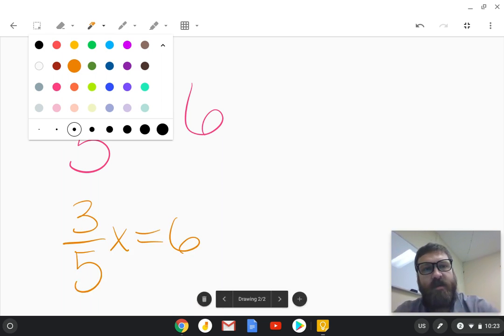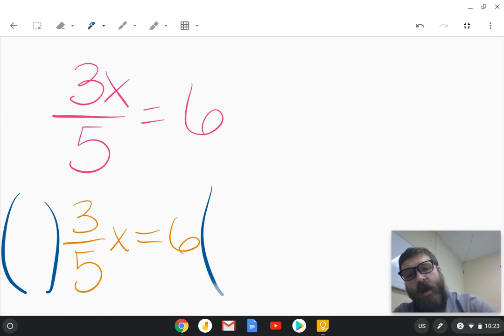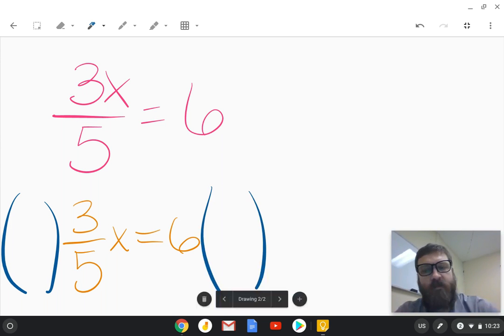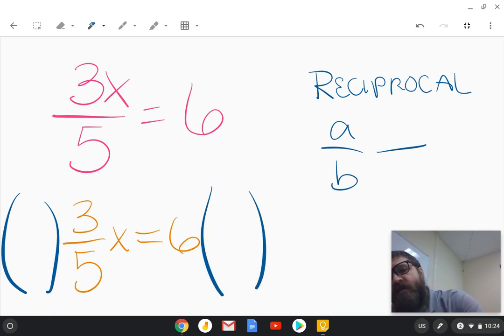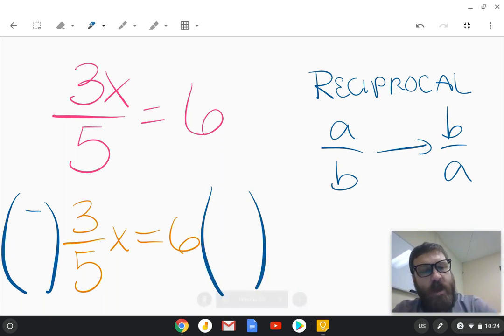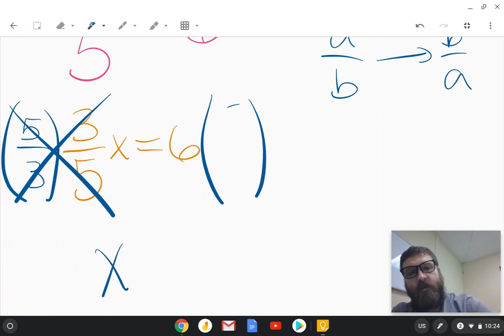If you think of it that way, then you can simply multiply by what's called the reciprocal of 3/5. A reciprocal, it's an important math word, you've probably heard it before, means to take a fraction and switch the top and the bottom. When we do that, 5 over 3, and multiply those together, the 5s cancel out, the 3s cancel out, leaving me with x.